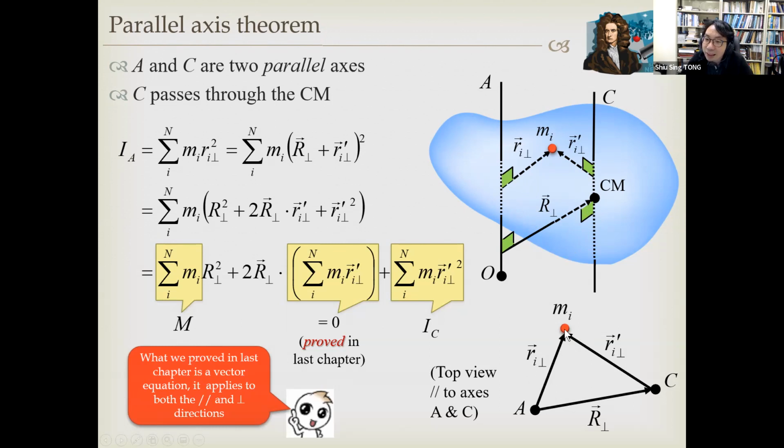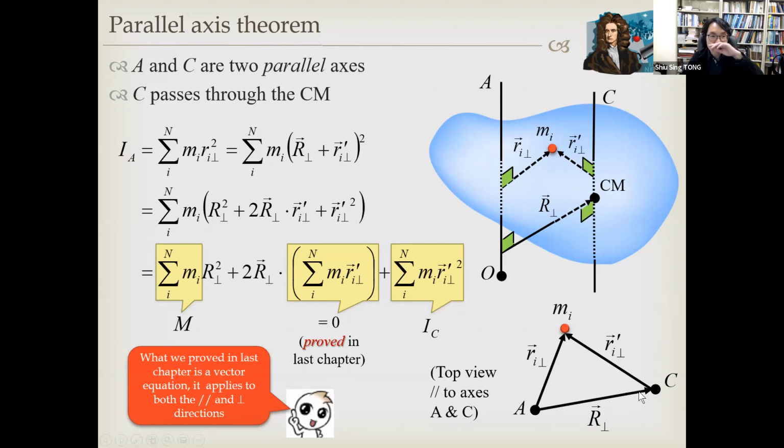They may not lie on the same plane. But if you look at it in two dimensions, they just form a right triangle. So you can see the three vectors are related this way. The mass Mi is here. This is Ri perpendicular, this is Ri perpendicular prime, and this is capital R perpendicular.